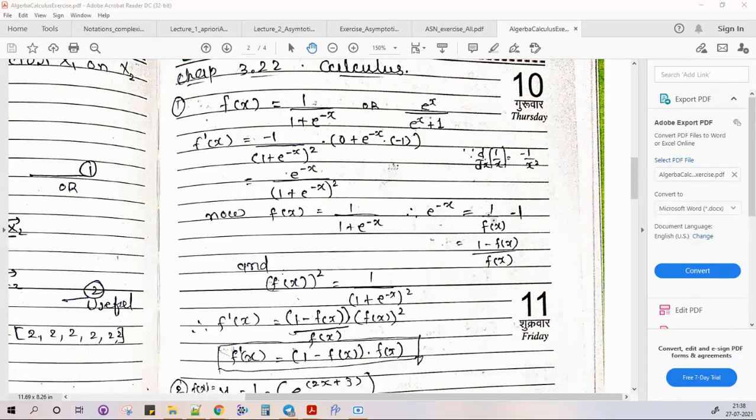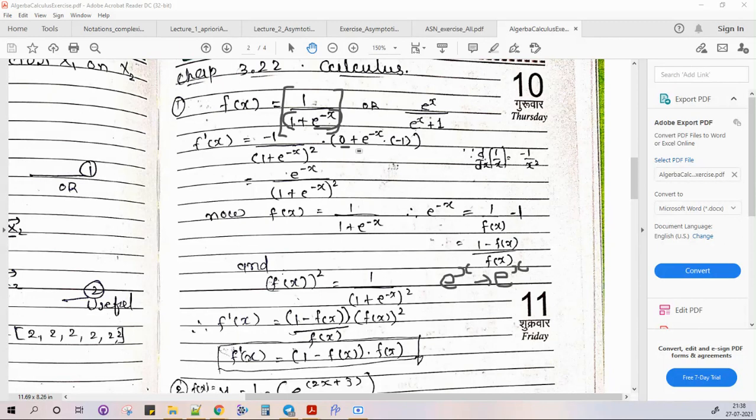So I have just taken the derivative of 1 by x first, which is minus 1 by x square. Then I need to take the derivative of the sub part, this y. The derivative of 1 is 0. Then the derivative of e to the power minus x: here we don't have the pure function e to the power x. The derivative of e to the power x is e to the power x only.